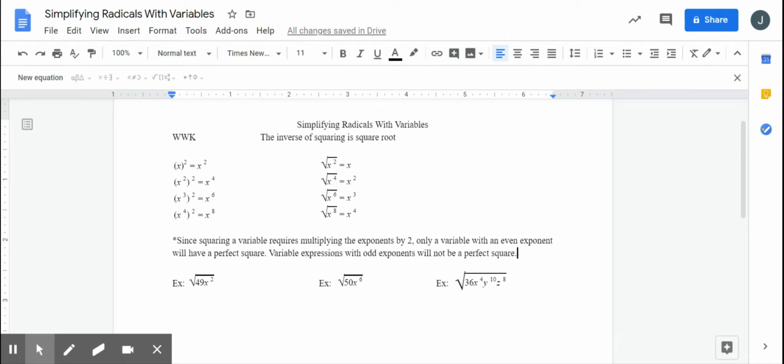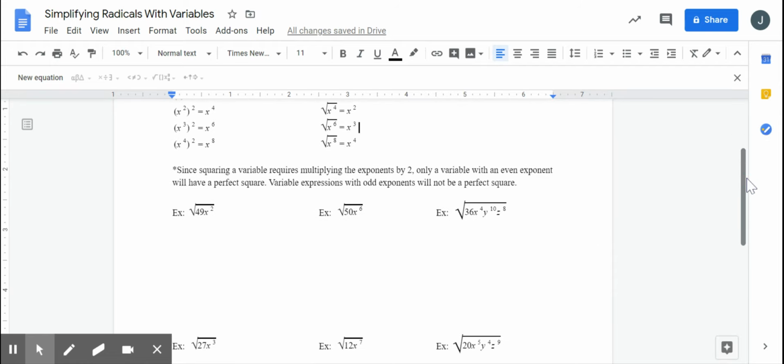So x to the fourth is the square root of x to the eighth. Okay, so we can only take the square root of even exponents. And the square root will be the exponent divided by 2. So x to that power, or y or z or whatever.